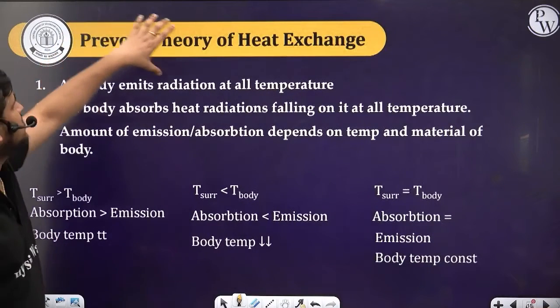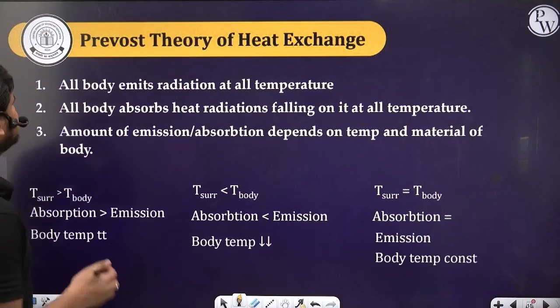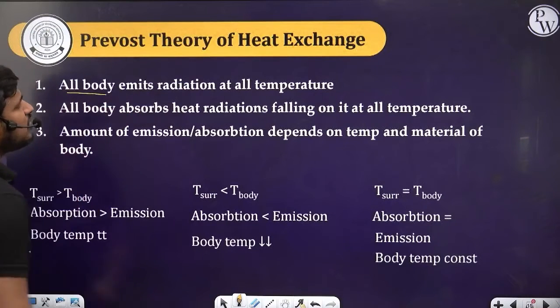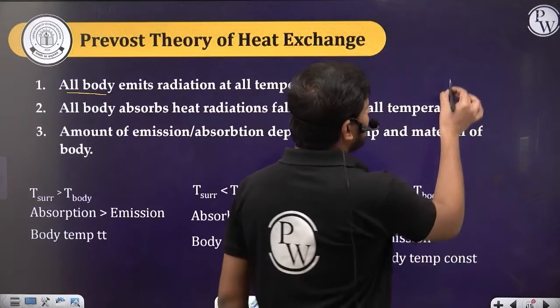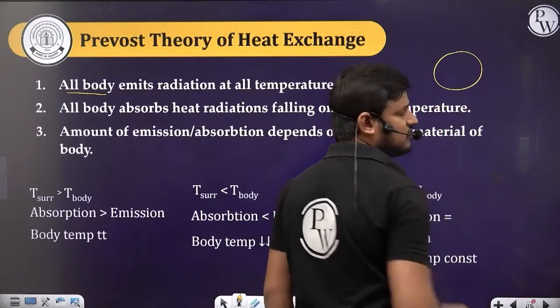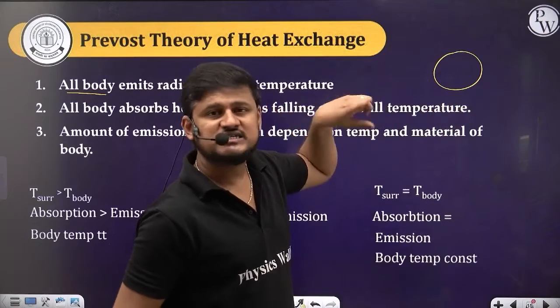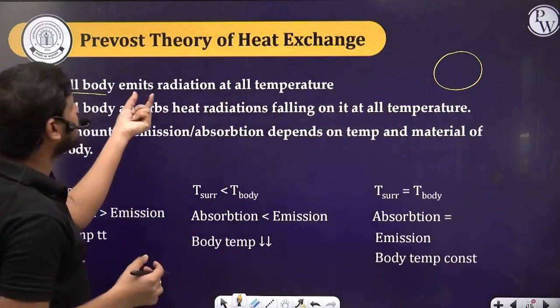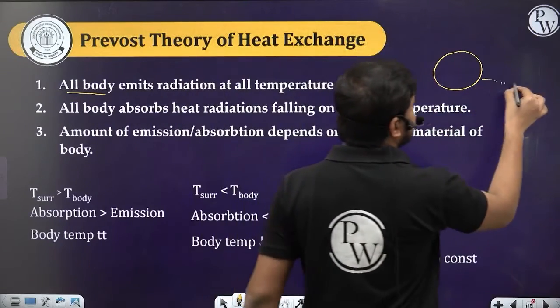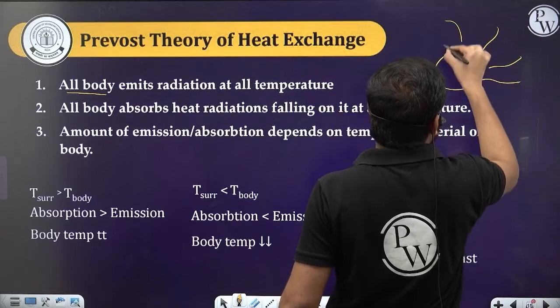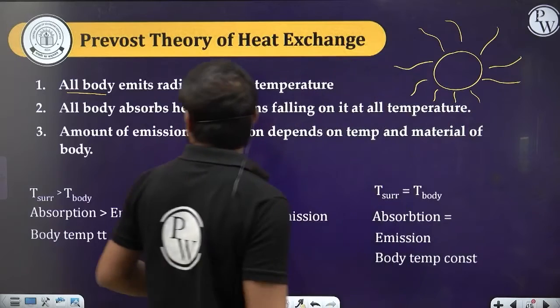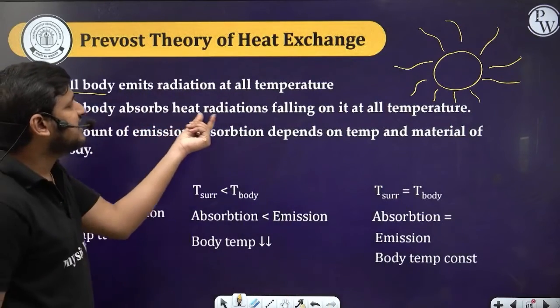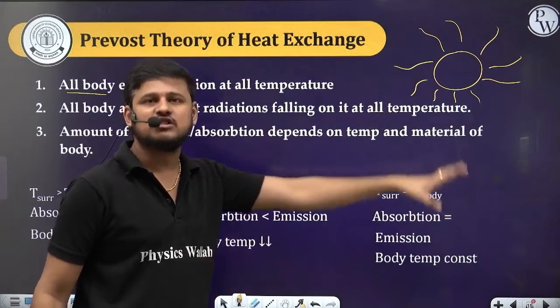Prevost theory of heat exchange. Here it says all bodies emit radiation at all temperatures. And all bodies absorb heat radiation falling on them at all temperatures.